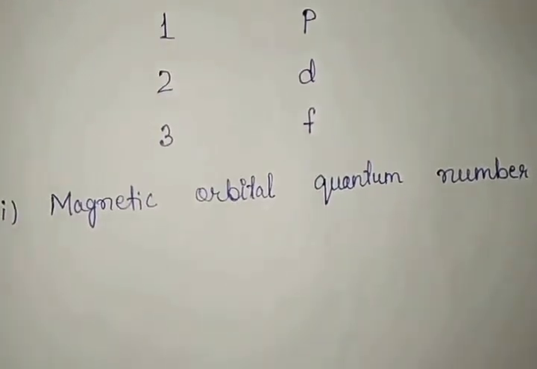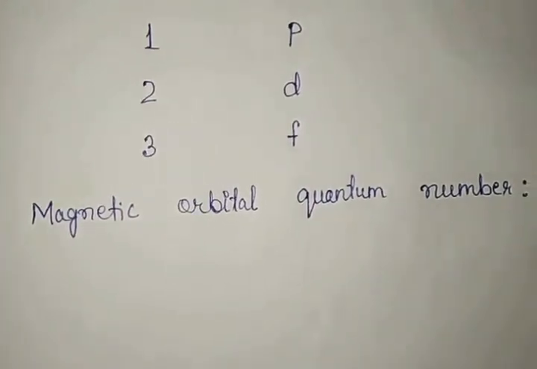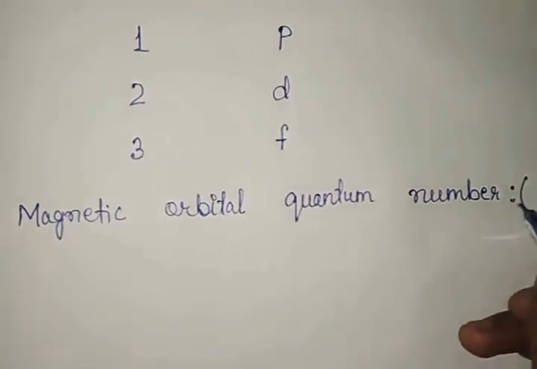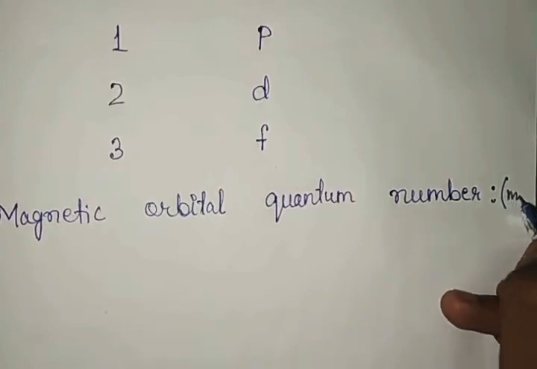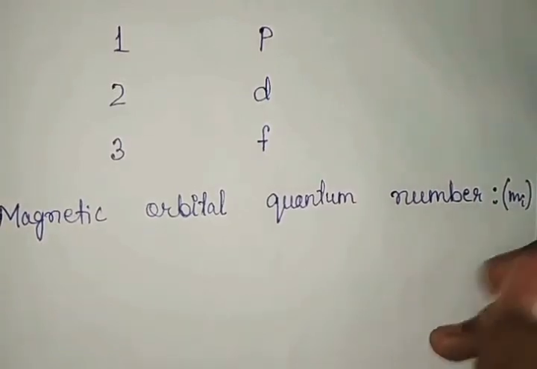Now, what is the shape for this one? Magnetic orbital quantum number. It is designated by M and suffix it is written as I.